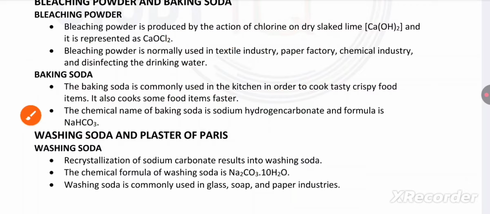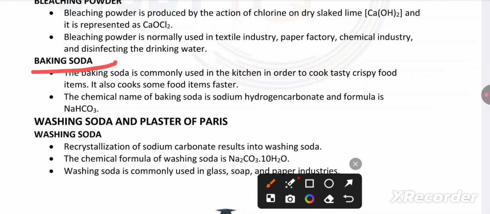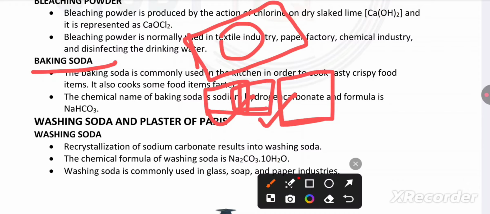Here, how can we remember it? Baking soda. We can bake a cake. We can put salt, we can put water, hydrogen, sodium, hydrogen, carbonate, carbohydrates for a healthy cake.